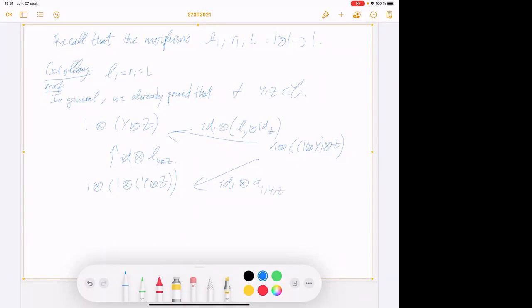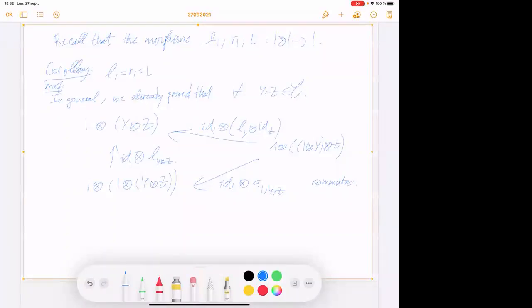We already proved that this triangle commutes.